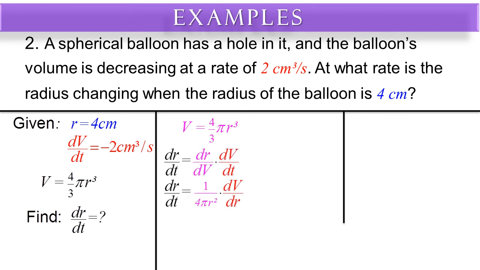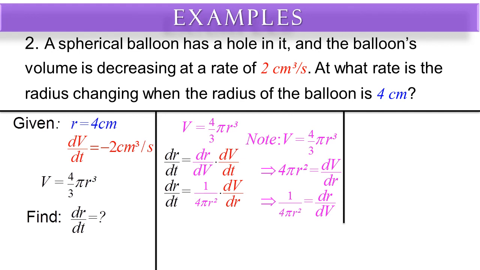So we have dr/dt equals dr/dV multiplied by dV/dt. Take note, we have the volume 4/3 pi r cubed, so we get the derivative, which is 4 pi r squared. But the needed one is dr/dV, so we get the reciprocal of it. So we have 1 over 4 pi r squared.